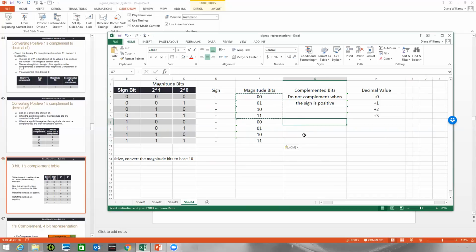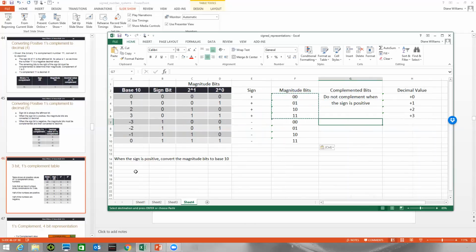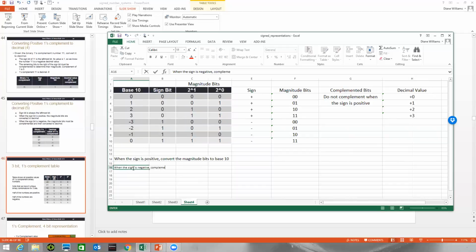But for negative bits, remember we said then when the sign is negative, complement the magnitude bits and then convert the complemented bits to base 10.